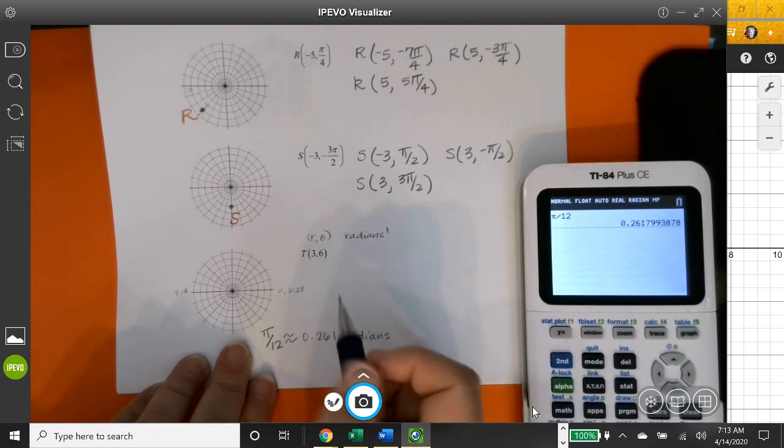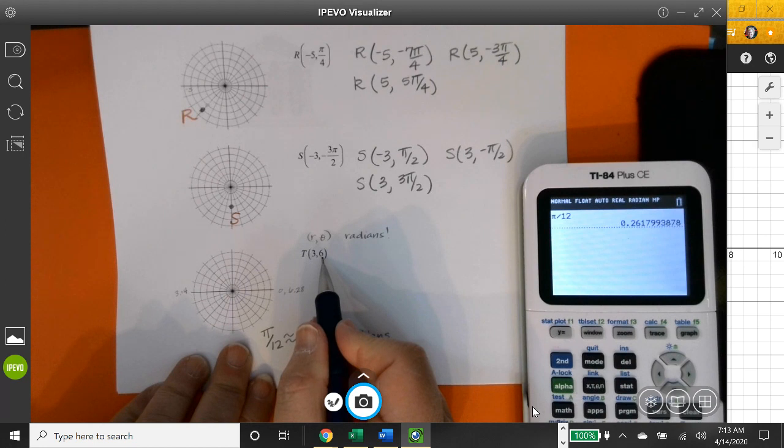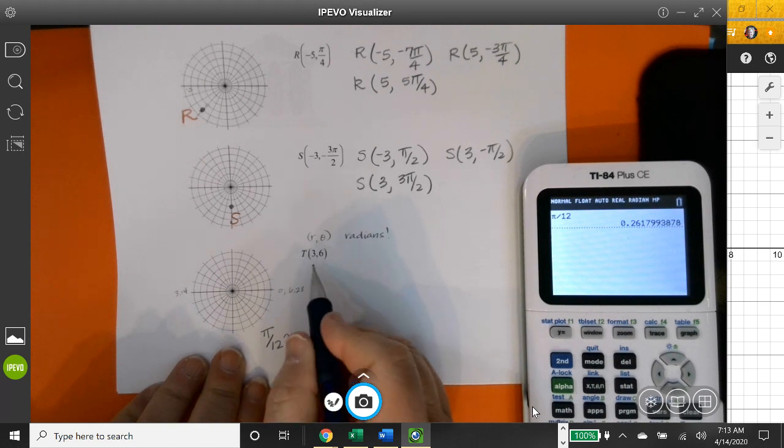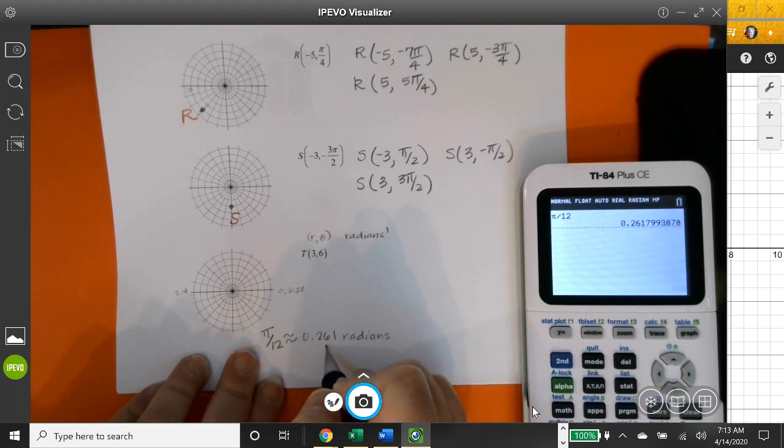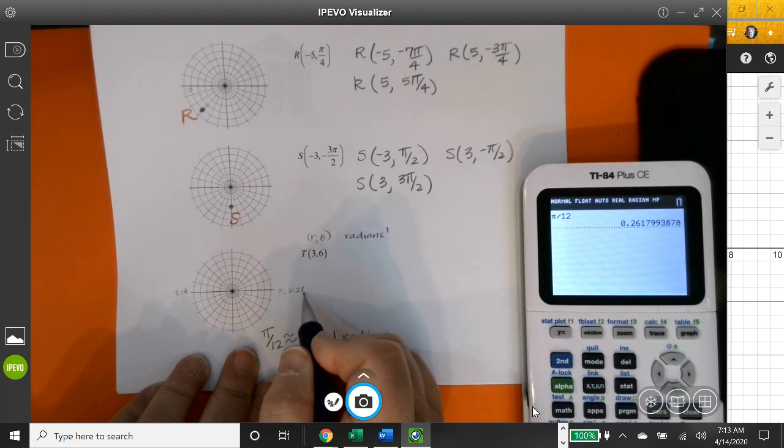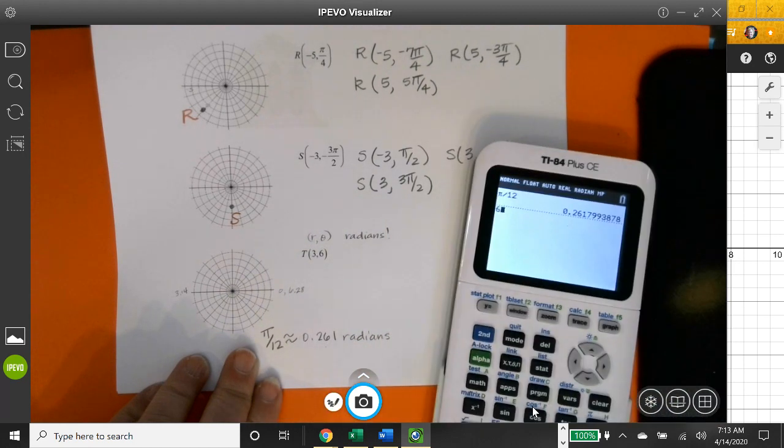Okay, so if I'm going to rotate 6 radians, I'm going to go just beyond, because it's 6.28, right? So if I went 6.28 minus 0.261799, what do we get? We get 6.018, which is close.